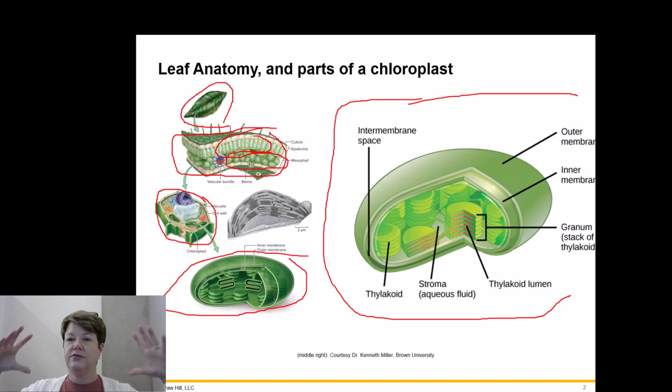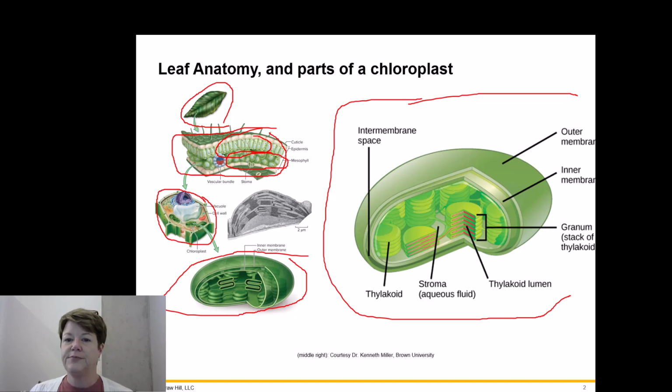So we have the outer membrane, we have the inner membrane, and then we have these thylakoid membranes, and each thylakoid membrane disc has a center space, and the center space is called the thylakoid space. Outside of the thylakoid membrane, but inside the inner membrane, is another space called the stroma.